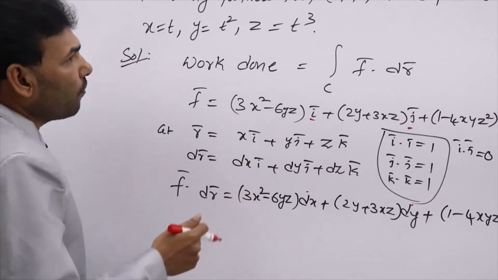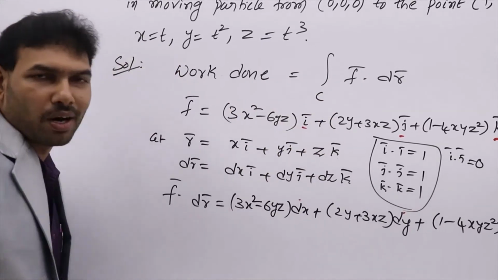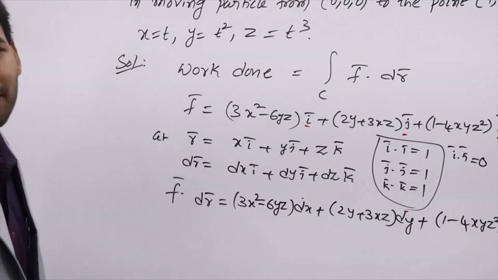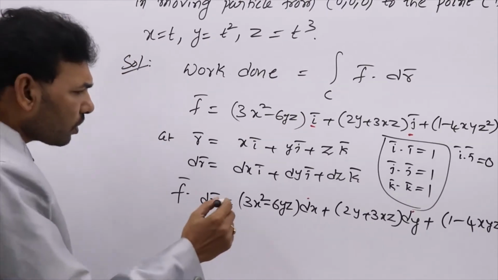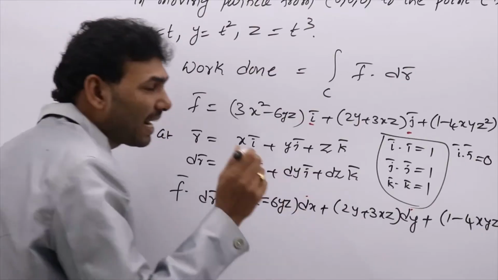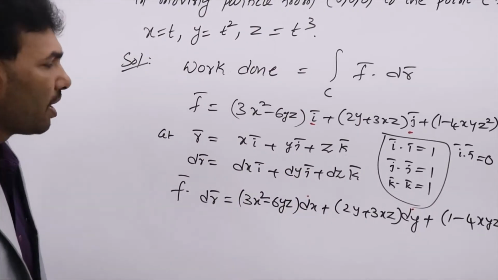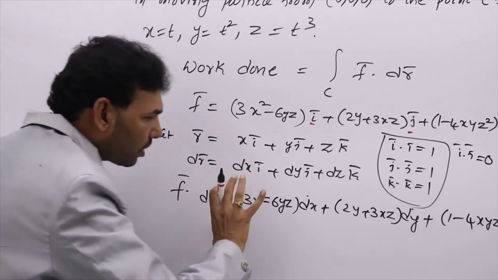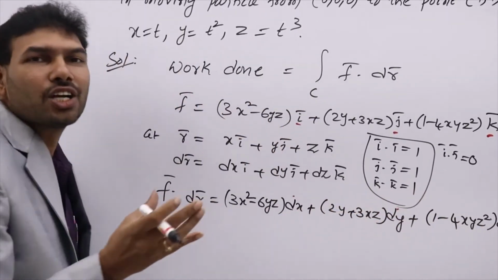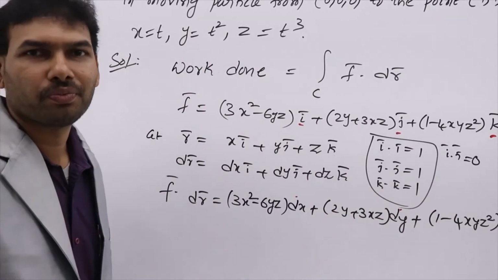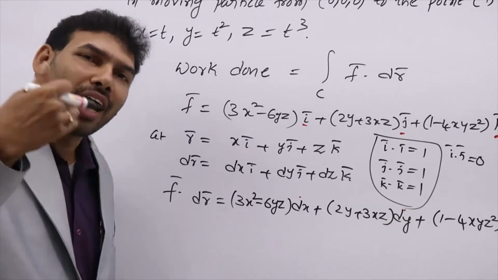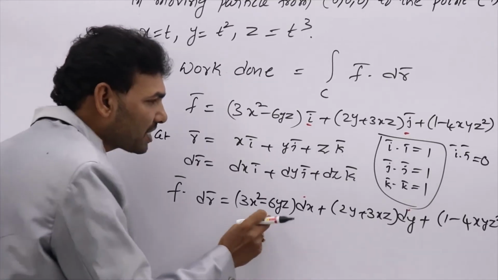Now we need to find integral over c f bar dot dr bar. To find it, what do we have to do? We need to evaluate this using a line integral, a single integral. Whenever you use one integral, the total integrand should be in a single variable, either in x, or in y, or in z, or in some other single variable.